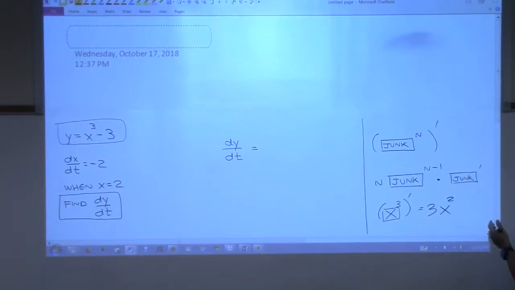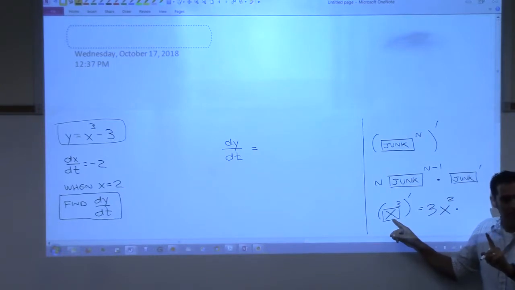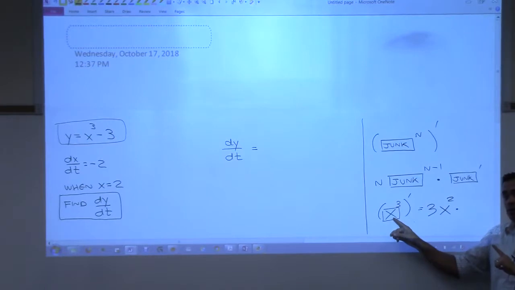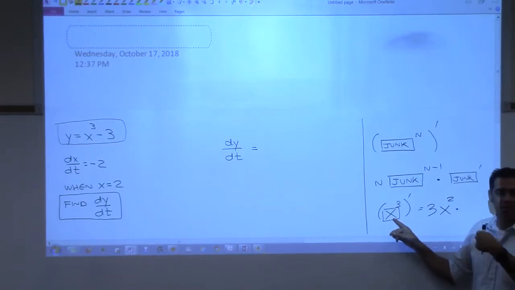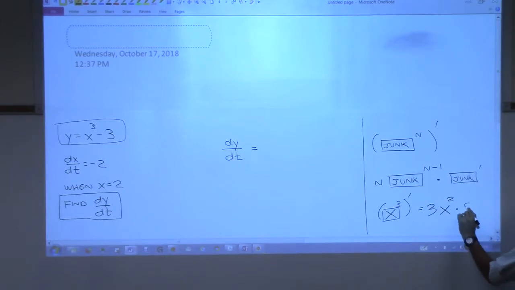Squared, which is what we're used to, yes? But then times the derivative of x, right? Normally that would be 1. If we're differentiating with respect to x, the answer is 1. But what if we're differentiating with respect to t? Then the derivative of x is not 1, it's dx/dt. Does that make sense?